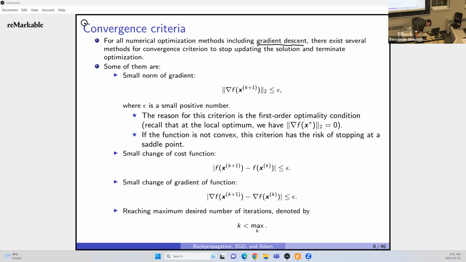When do we end gradient descent? Some of them are these. Small norm of gradient. Whenever the L2 norm or any norm of the gradient at that point is less than some small positive number epsilon, I can stop. Why? Can you tell me?